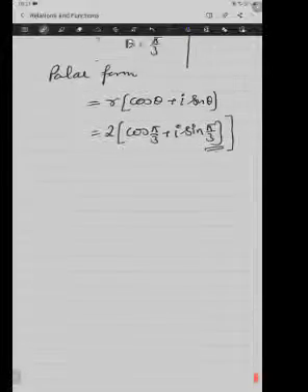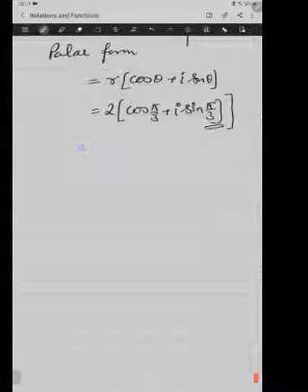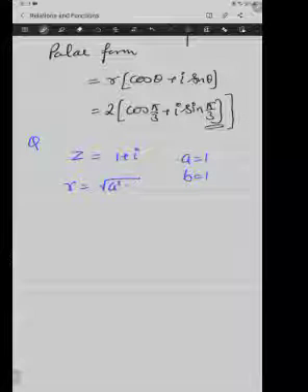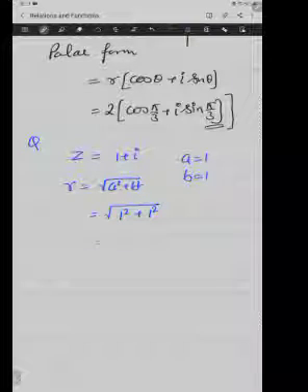So I'm taking a more simple question. z is equal to 1 plus i. This tells me a is equal to 1 as well as b equal to 1. So r is equal to under root a square plus b square, that is under root 1 square plus 1 square, that is root 2.